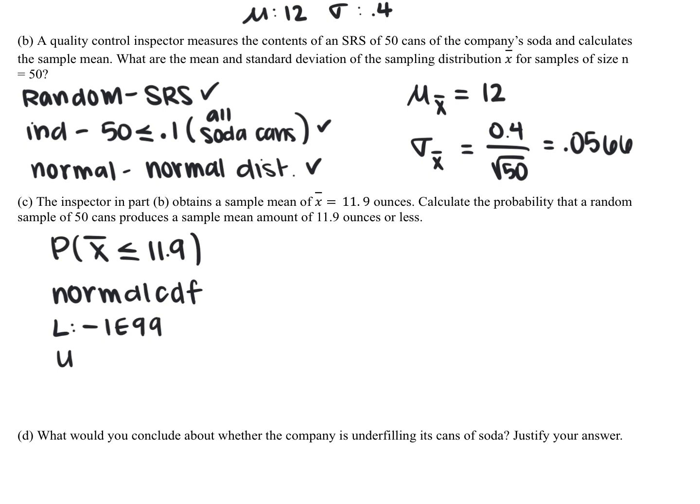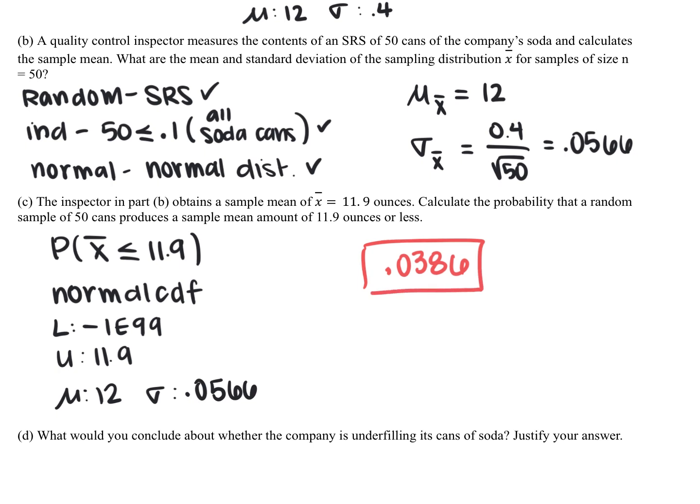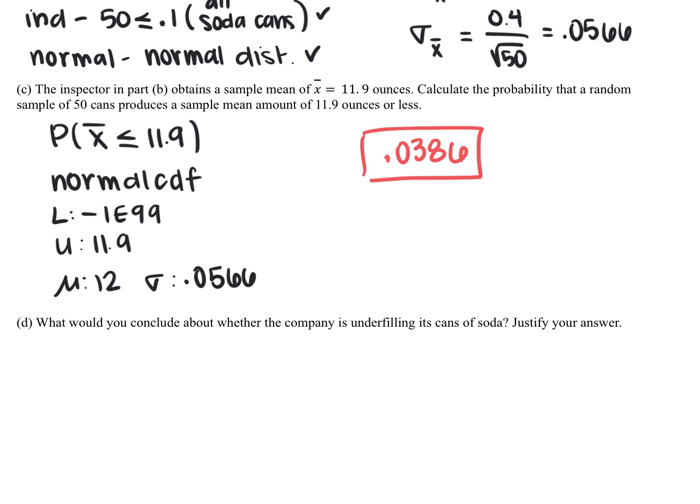My upper bound is still 11.9. My mean is still 12. But now my standard deviation is 0.0566. Which is going to give us a probability of 0.0386, which is a lot smaller of a probability than when we looked at a single can.